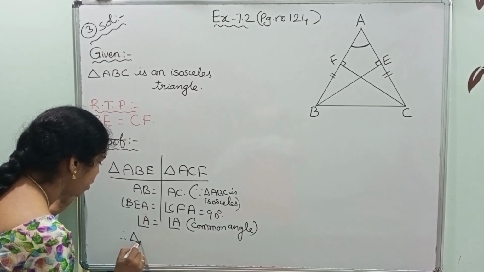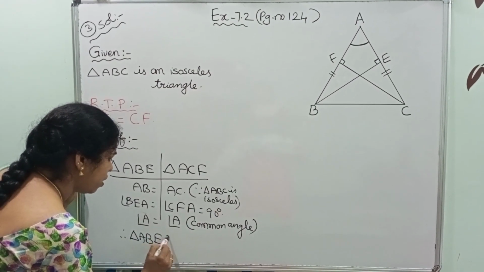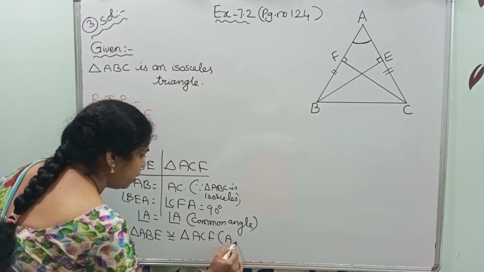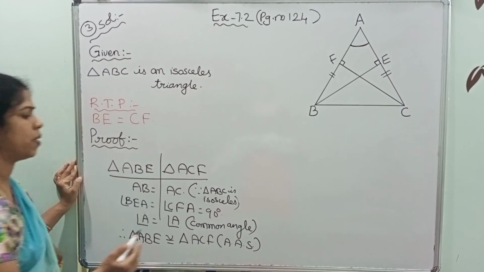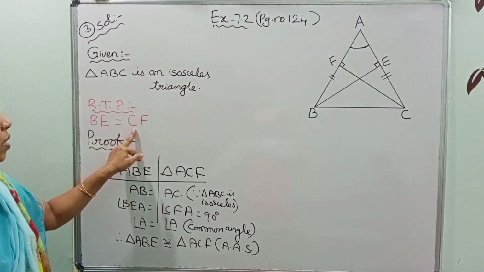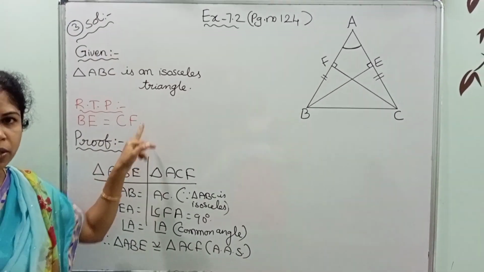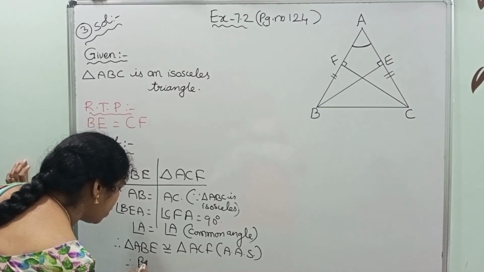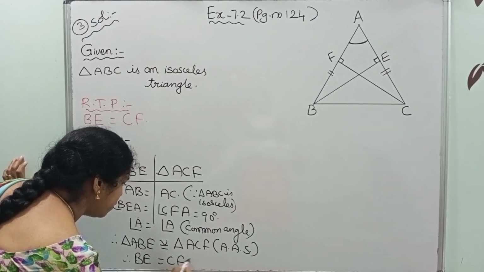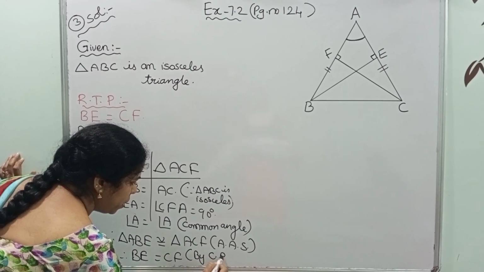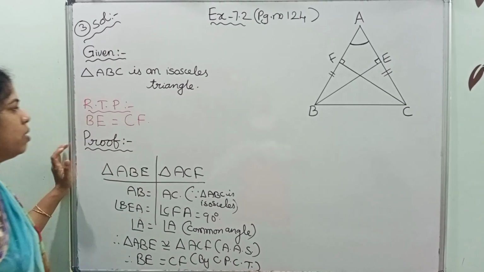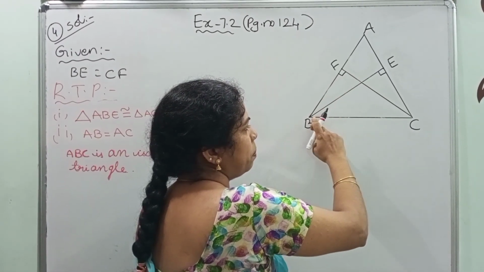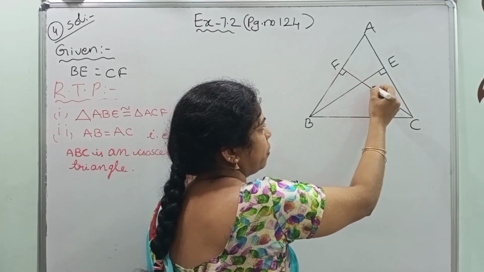Therefore, triangle ABE is congruent to triangle ACF by AAS congruency. Therefore, BE and CF are the corresponding parts of the congruent triangle. So, they are equal. Therefore, BE is equal to CF by CPCT. Hence, proved.